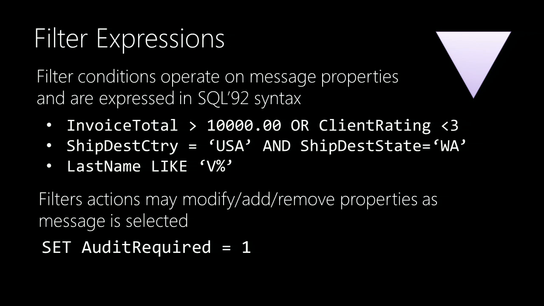The actions allow you to go and run a complex condition like this, and then add or modify a property that's already in the message to basically summarize the result of that match. So that for further processing, you already have a property that's capturing the essence of that. So for instance, if the invoice total is greater than 10,000, or the client rating is less than 3, then set the audit required to 1, which in the further routing step would then require that to go to the audit queue.